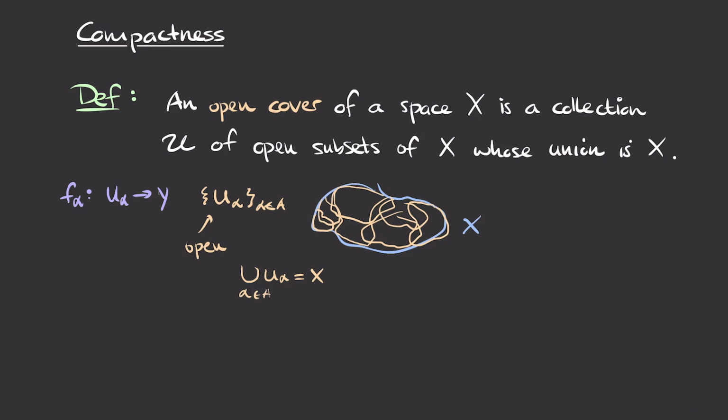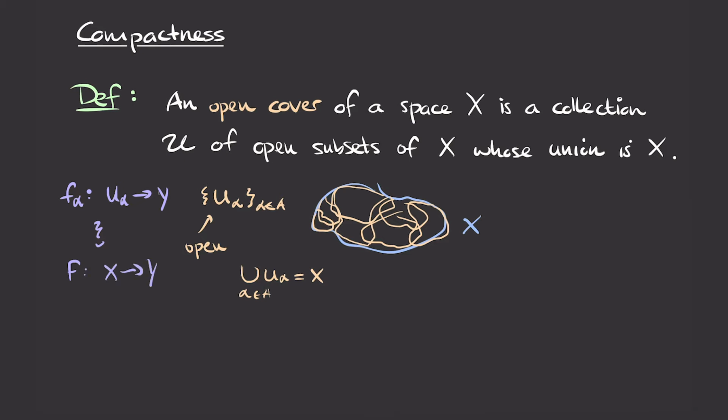So for each element in our open cover U alpha, we might have such a function f alpha going from U alpha to Y. And now if these functions agree on the places where these open sets U alpha overlap, then in fact we can assemble them into a global continuous function going from X to Y.